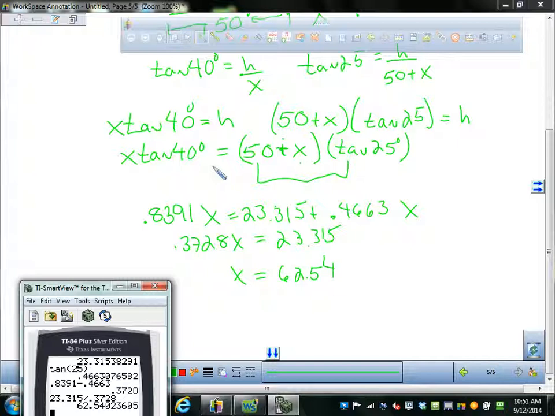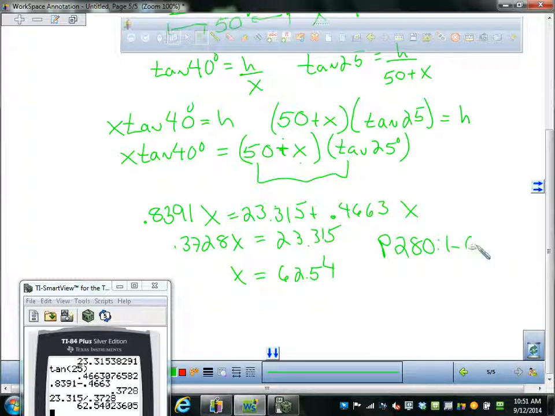You could start on your homework, which is somewhere. Here it is. Page 280, 1 through 6. 8 through 36 evens.